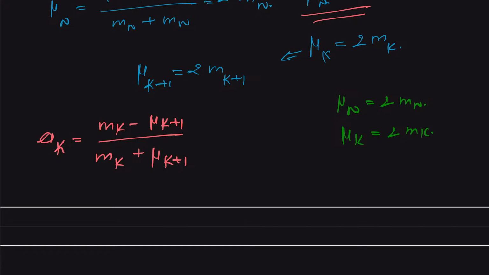So we are given that m of n is equal to m of 2 raised to power n minus 1. Therefore we can write for any value of k, m of k is equal to m of 2 raised to power k minus 1.